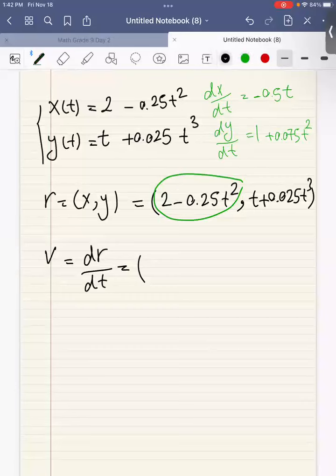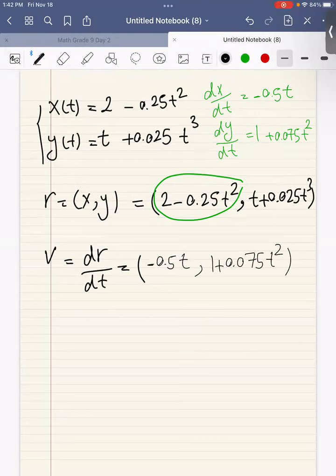So that's the general formula for v. So dr by dt, its first component is minus 0.5 t, and the second component, dy by dt, is 1 plus 0.075 t squared. If you don't know calculus, that's fine, don't worry.